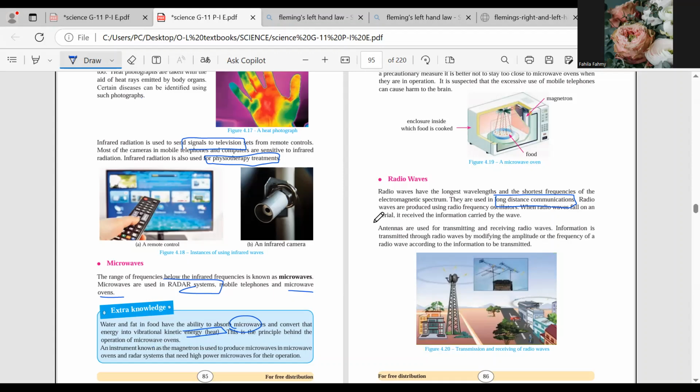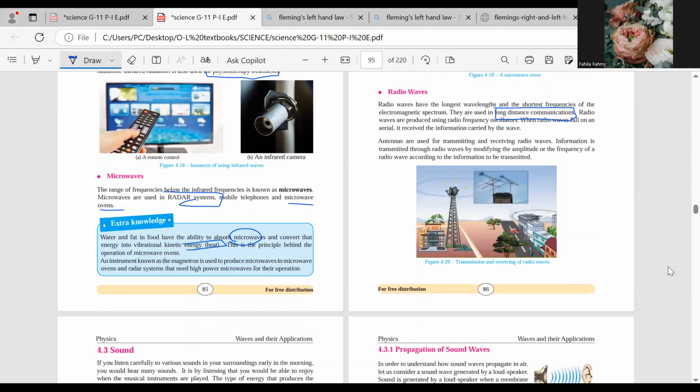Antennas are used for transmitting and receiving radio waves. Information is transmitted through radio waves by modifying the amplitude or frequency of a radio wave according to the information to be transmitted. So radio waves have a very low frequency and high wavelength.